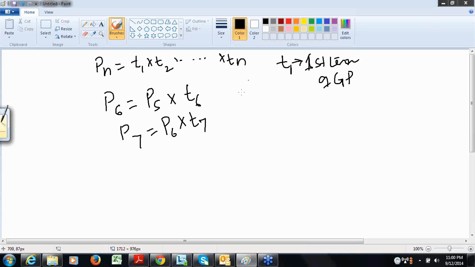Okay. Now there are two conditions that have been given. P6 is greater than P5. Now combine these two equations. If P6 has to be greater than P5, then this value has to be greater than 1.